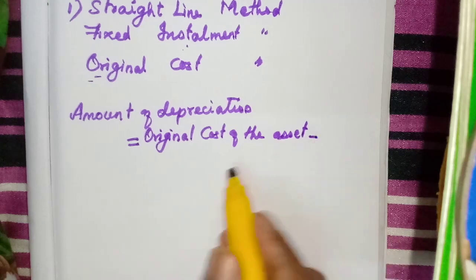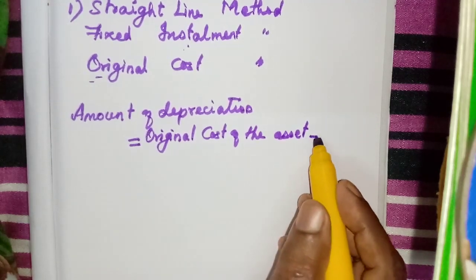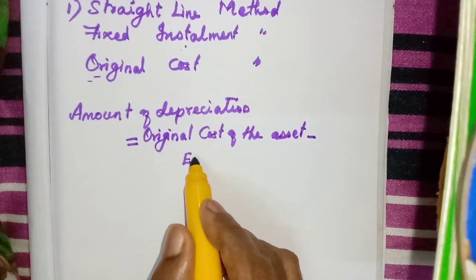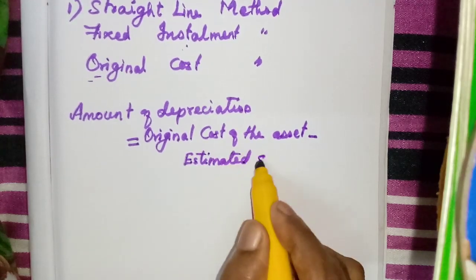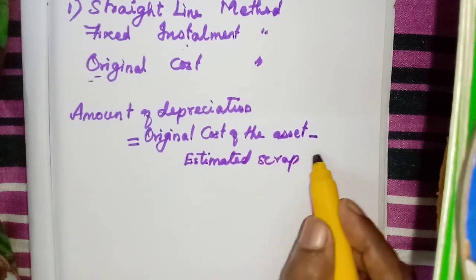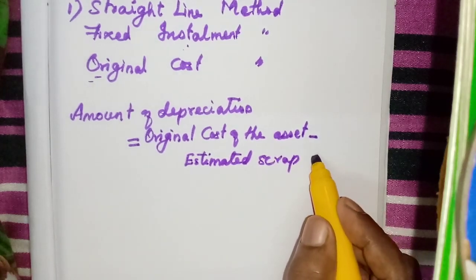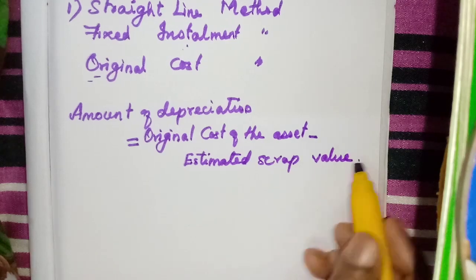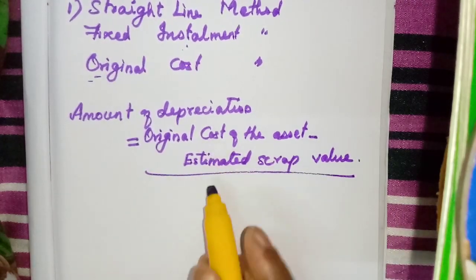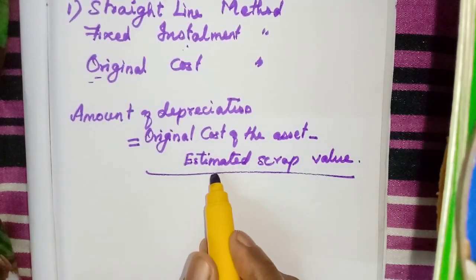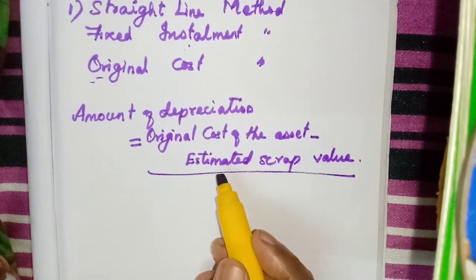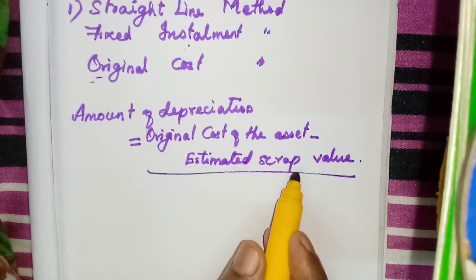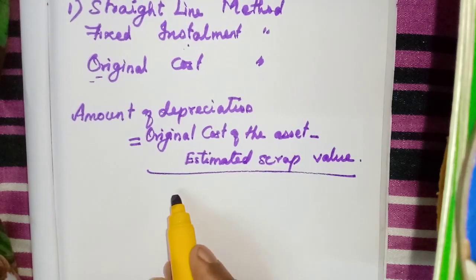Then from this one we should deduct the estimated scrap value, the value at the end of the life of the asset. Estimated scrap value, that we have to estimate at the time of purchasing. We cannot wait till the end of the life of the asset. We have to estimate. That's why it is given as estimated scrap value, divided by the estimated useful life of the asset.